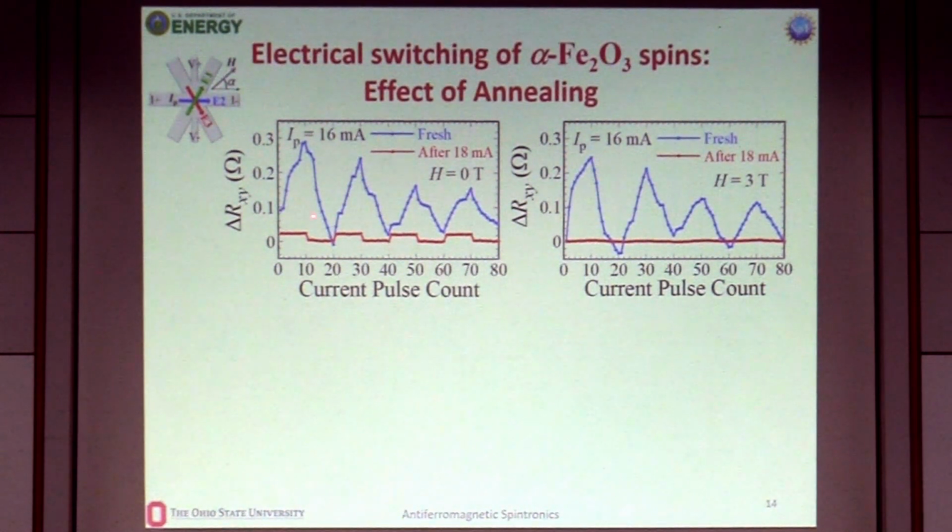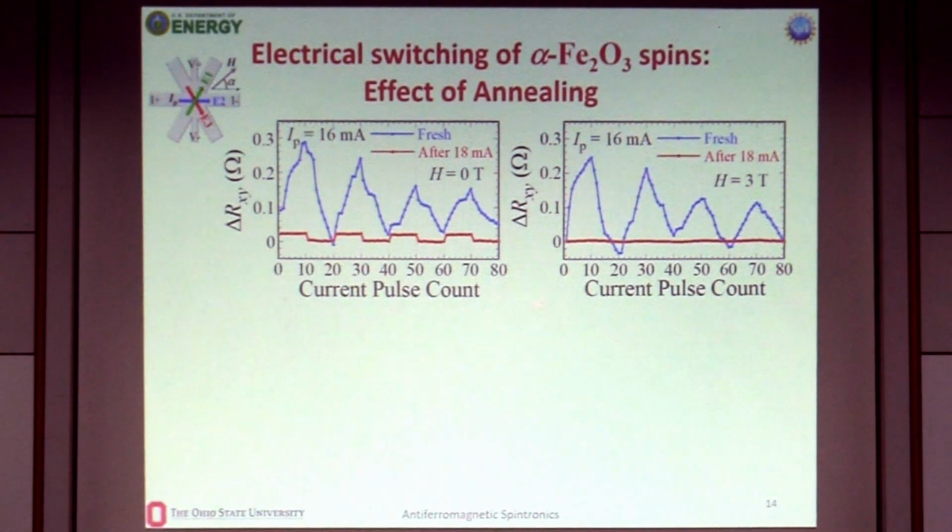We notice that at 16 milliamp compared to 14 or 12, the magnitude increased a whole lot. So we suspect there might be some heating effect or annealing effect going on. So we went even higher, not too high to burn it, but 18 milliamp, which is quite large. I think my student also did this measurement.